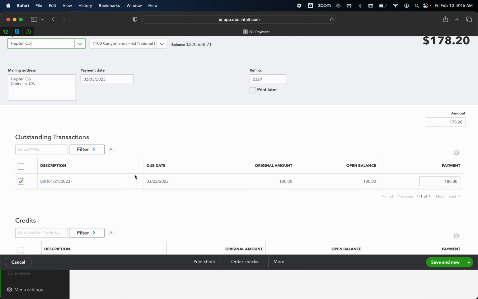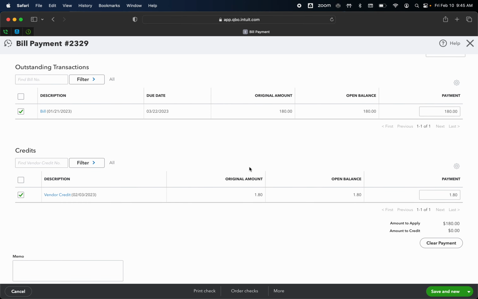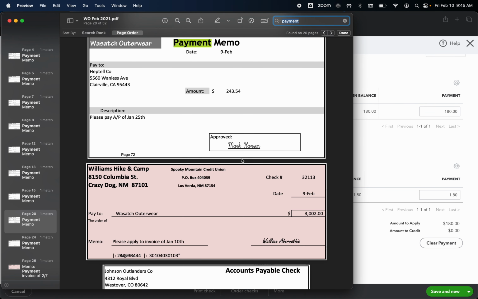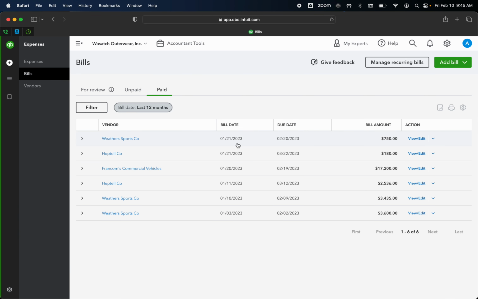I'm guessing this had a discount, some kind of discount applied to it. Vendor credit $1.80. Please pay AP of January 29th or 25th. So again, Hep Telco.